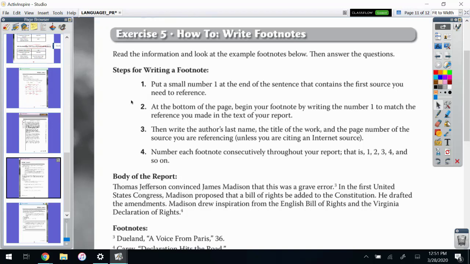Number 2, at the bottom of the page, begin your footnote by writing the number 1 to match the reference you made in the text of your report. Number 3, then write the author's last name, the title of the work, and the page number of the source you are referencing, unless you are citing an internet source. And number 4, number each footnote consecutively throughout your report. That is 1, 2, 3, 4, and so on.